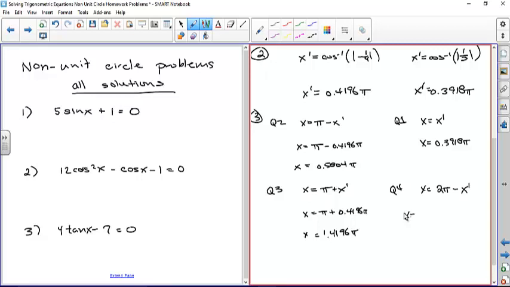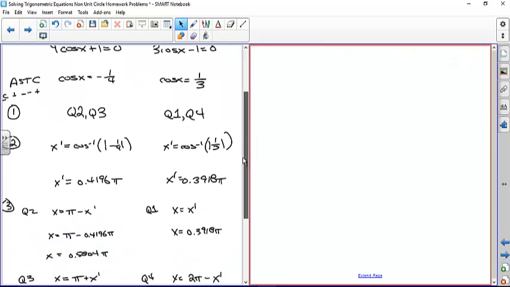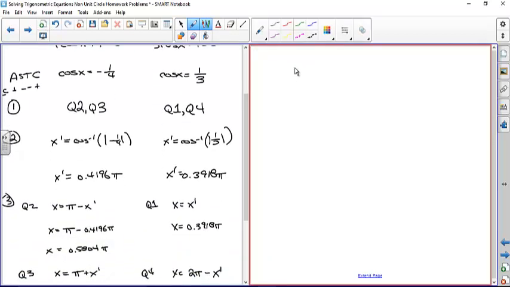So I'm going to get x is equal to 2 pi minus 0.3918 pi. So what I'm doing here is take 2 minus 0.3918, and I'll get 1.6082 pi. So those are my 4 solutions between 0 and 2 pi, and then step number 4 is I take my solutions and I add 2 pi into them.